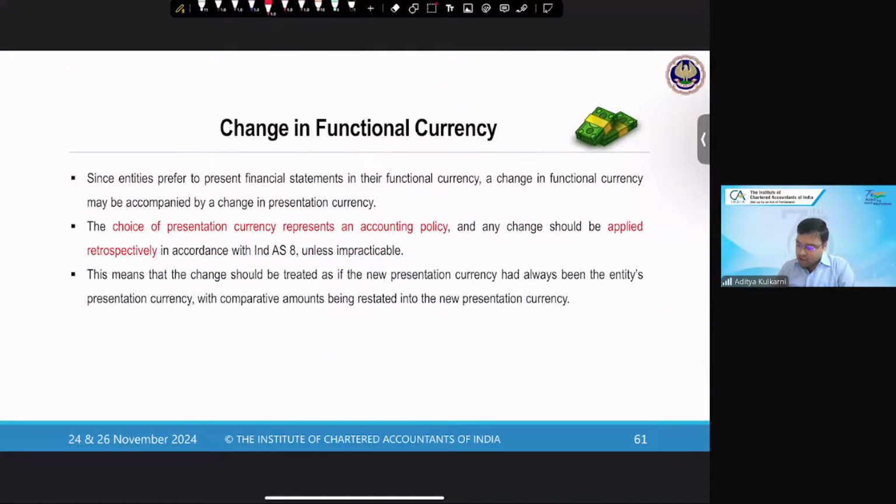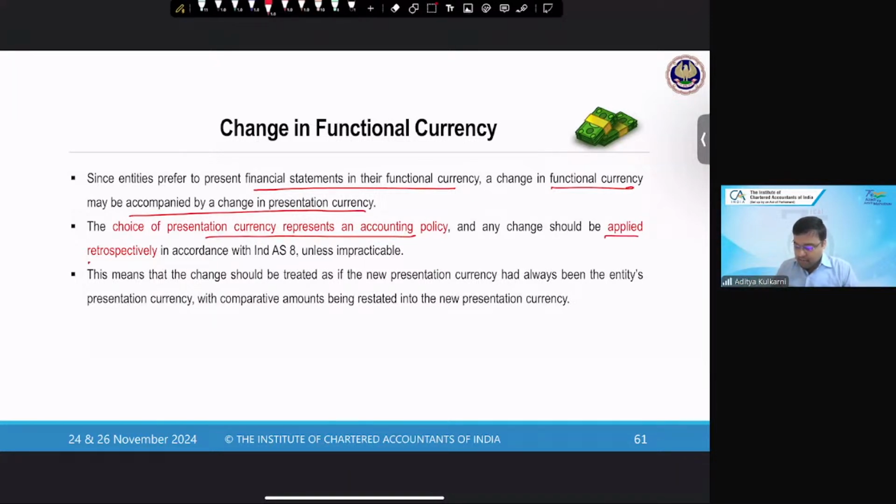Now coming to the next one. Since entities prefer to present financial statements in their functional currency, a change in functional currency may be accompanied by a change in the presentation currency. The choice of presentation currency is an accounting policy. I told you what a presentation currency is yesterday.